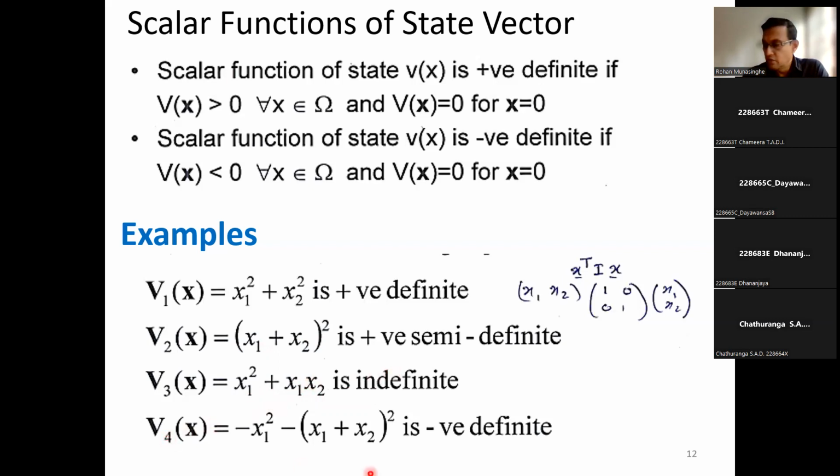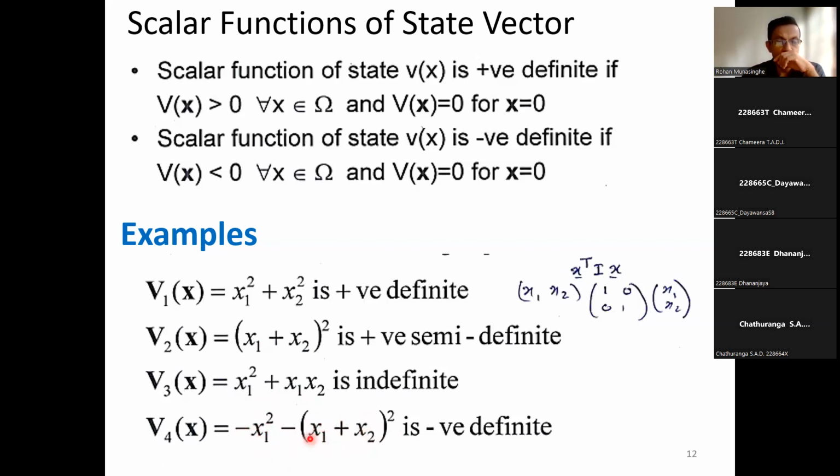The last function, V4, minus x1 square minus x1 plus x2 whole thing square, is negative definite, because it's definitely negative. Whatever values you find, say for 0, 0 it's 0, but for anything else, for negative x1, this is positive, but with this negative sign, it's negative again.